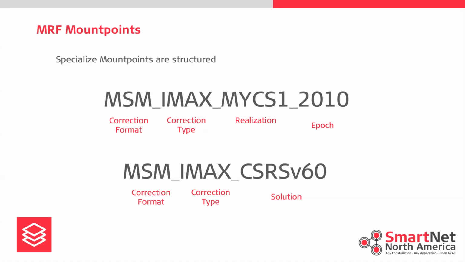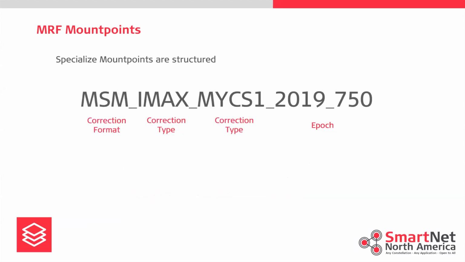In Canada, same thing, correction format MSM, correction type IMAX, and the solution CSRS v6.0. Okay. If I'm in California, I might see MSM, I might see IMAX, NCRS1, 2019.750. Okay, so this is correction format, correction type, realization, and epoch.